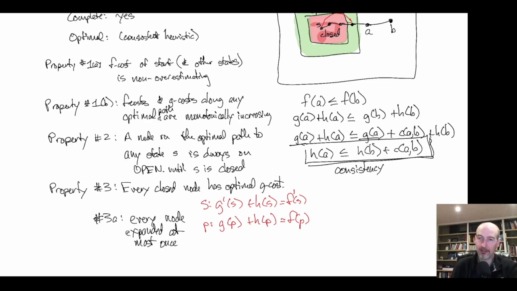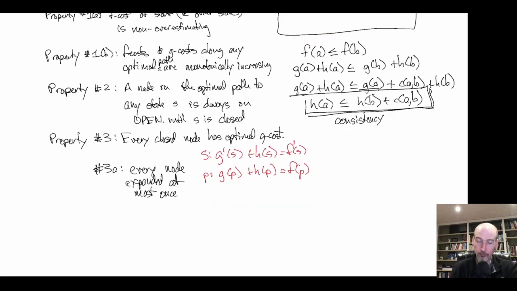Because I'm never going to expand it with the suboptimal cost, therefore I must expand it with the optimal cost. And then the rest of the proof here actually follows exactly from the same thing we would see for Dijkstra's algorithm. So every node with finite cost will eventually be expanded.